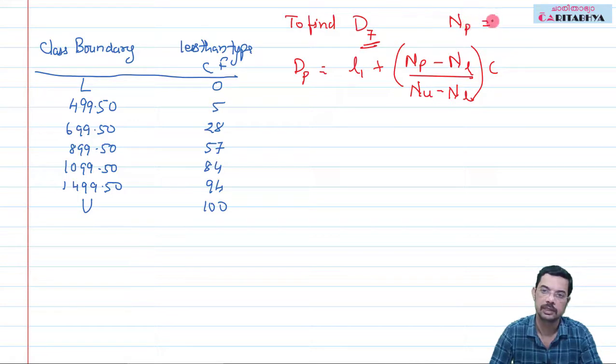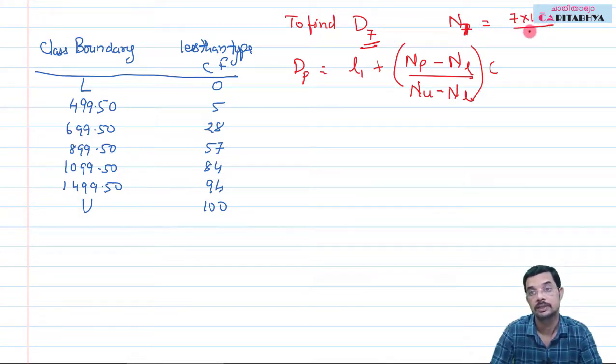So N7 will be 7 into N, that is 100, divided by 10 because this is a decile. So that is equal to 70.